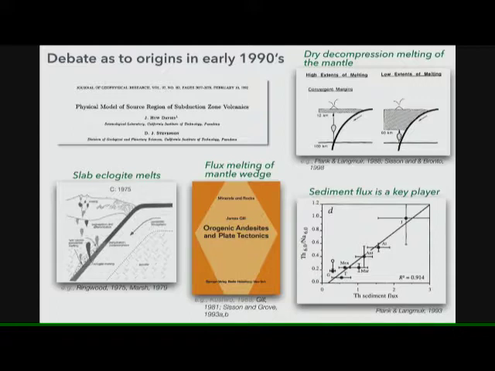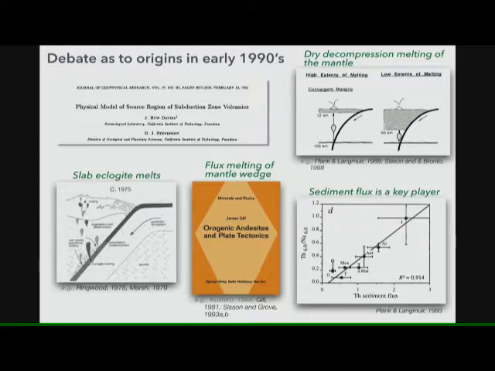There are nice studies that show evidence that you can produce this through decompression melting to varying extents, and that water is not always the crucial component. We have other nice studies, including this very famous book by Jim Gill, that show that water fluxing the mantle can produce andesite, and probably produces a diversity of andesites that we see at arc volcanoes.